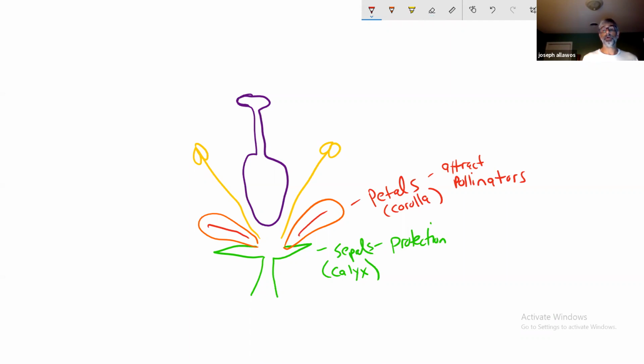Pollinators. What are pollinators? Well, they're things that visit the flower, right? And why do they visit the flower? Well, it's interesting. There are lots of different reasons why they might visit the flower. If we start thinking about what some pollinators are, let's make a list.